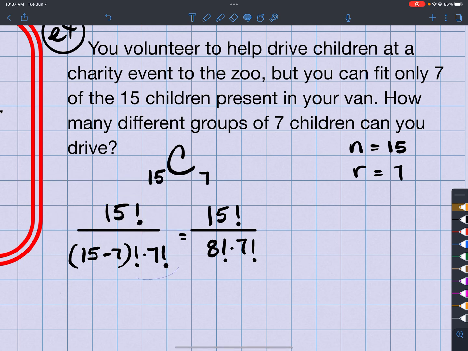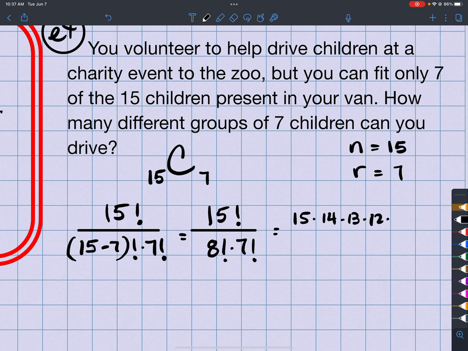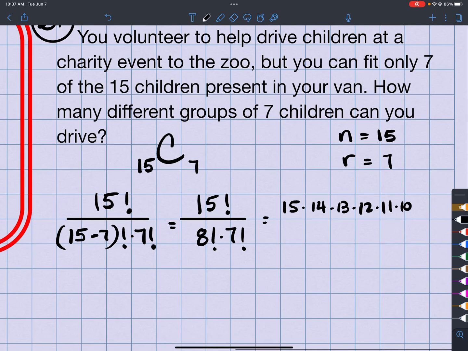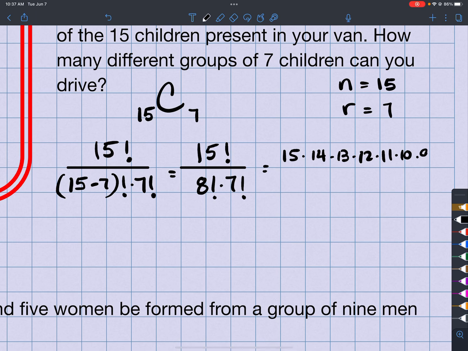There we go. All right, so what do we have? We got 15 times 14 times 13 times 12 times 11 times 10 times 9 times 8 factorial all over 8 factorial times 7 factorial, right? So the 8 factorial can cancel. So I'm left with the 7 factorial.